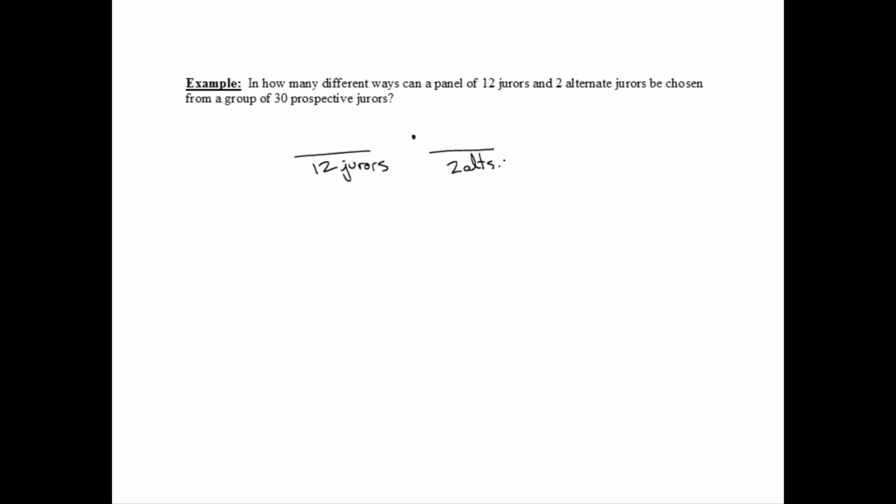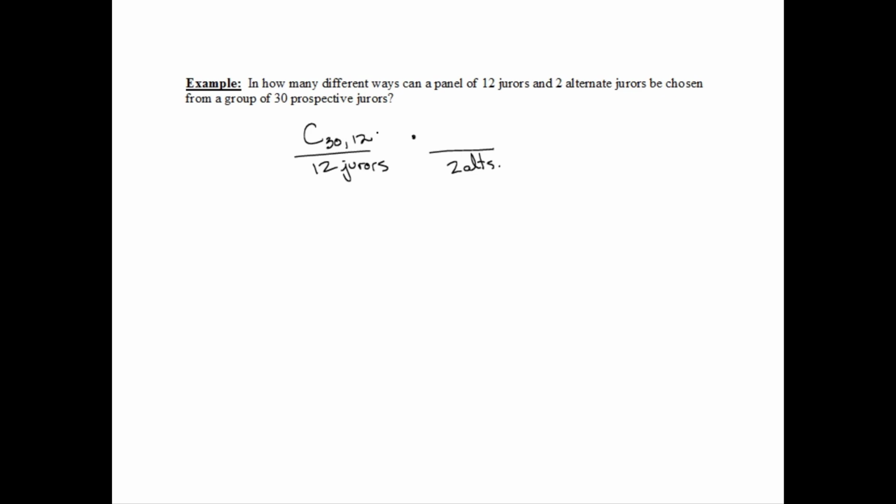Now, how many ways are there to choose 12 jurors? We're choosing them from a group of 30. Does the order matter? No, it's still going to be the same panel regardless of the order. So we're going to use combinations, not permutations. So combinations, there's 30 to choose from. We're choosing 12. So we get 30, 12.